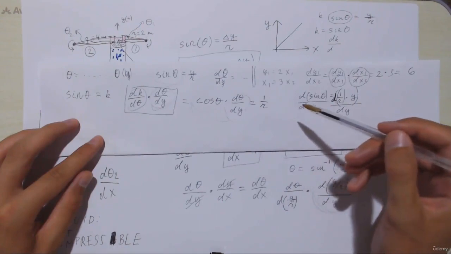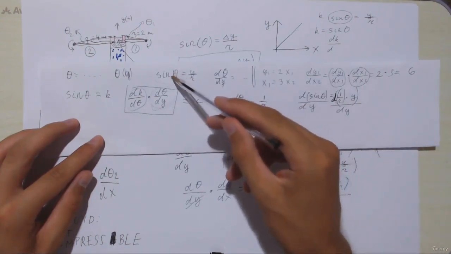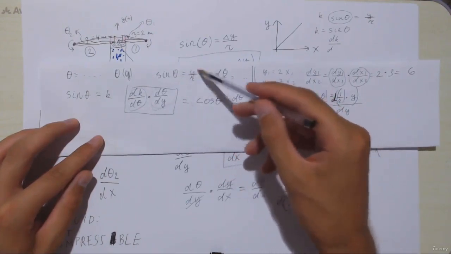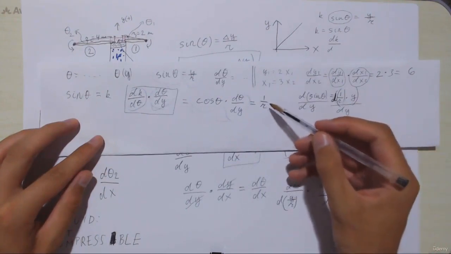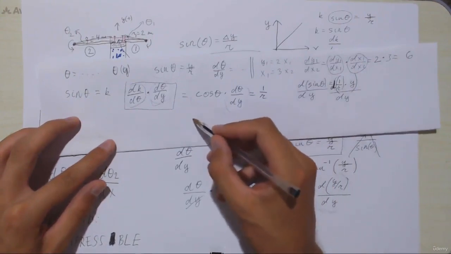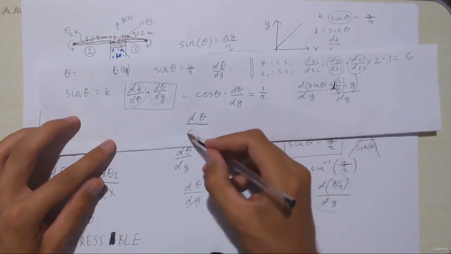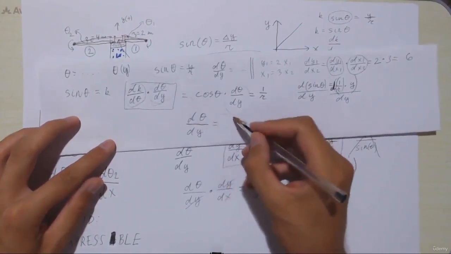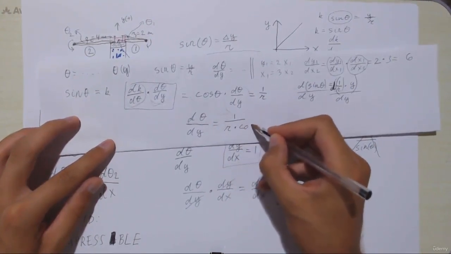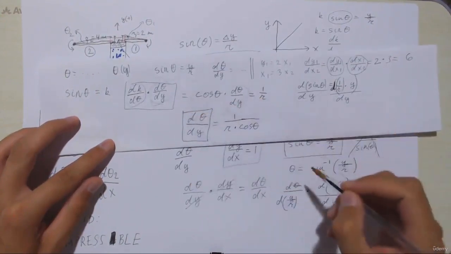And then we also need to take the derivative of the other side of the equation, and it's going to be 1 over r. And now, very simply, we can say that d theta over dy equals 1 over r times cosine theta. And there you go. We have found our d theta dy.